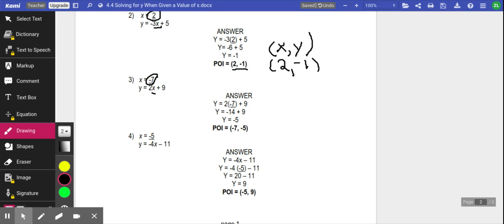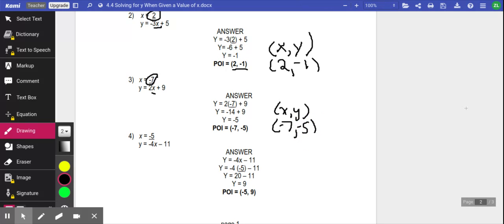Negative 14 plus 9 equals negative 5. So once again, that x and y: we have our x being negative 7, and we have our y we figured out being negative 5.